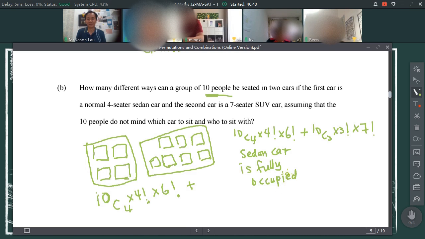And then this one is the sedan car is not full. Anyone? Any dispute?